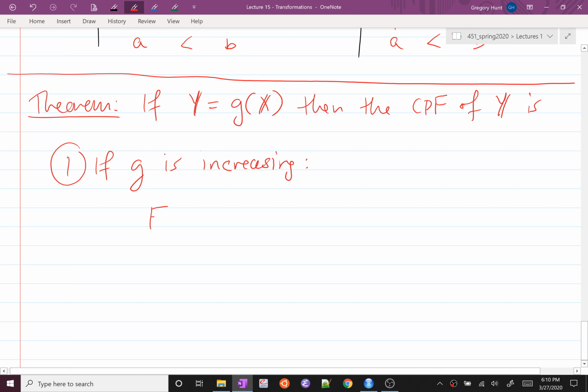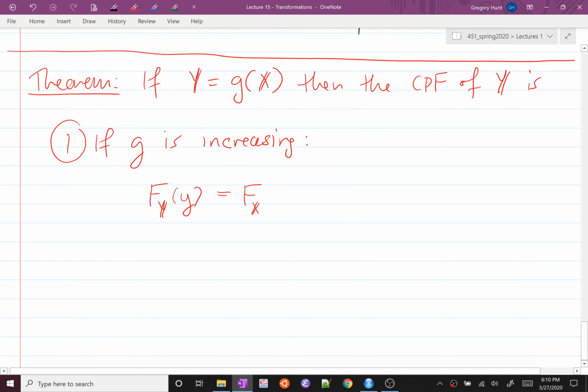then the CDF of Y, capital F of Y, at some value little y, we can get from the CDF of X, capital F sub X. The way we get it is we plug g inverse of y into the CDF for X. So real easy.